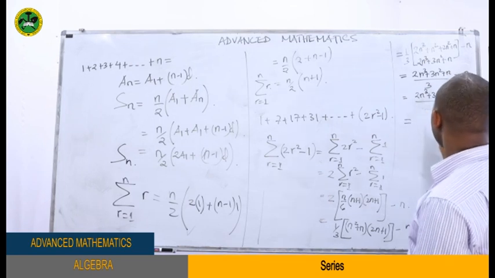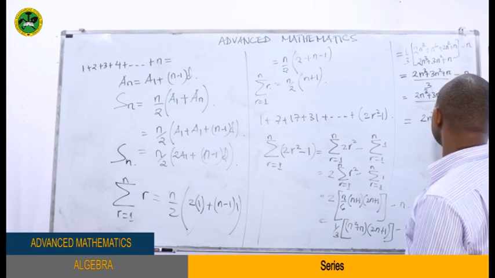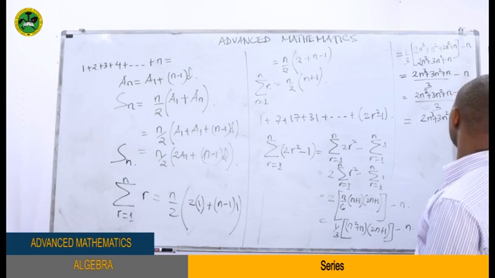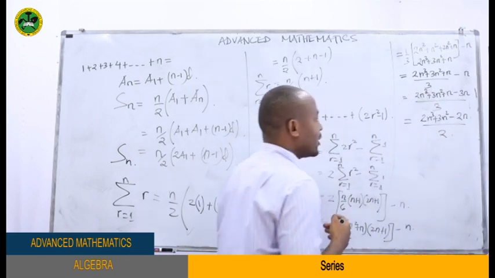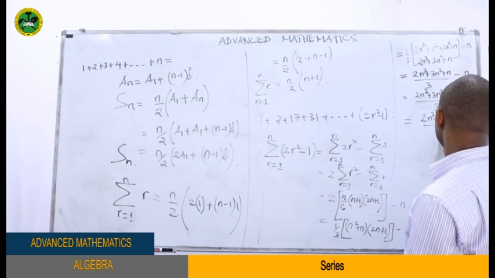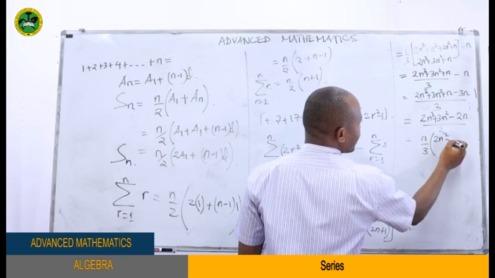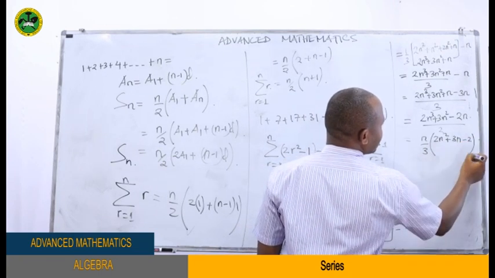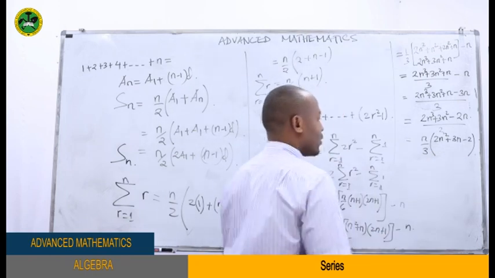And simplifying that more, we are going to have 2n cubed plus 3n square minus 2n, all over 3. And all of that is over, we're going to be left with 2n square plus 3n minus 2. If we can find the factors of that quadratic equation, then we can simplify more.